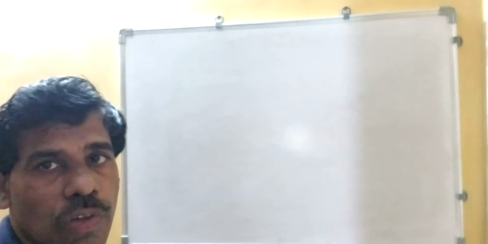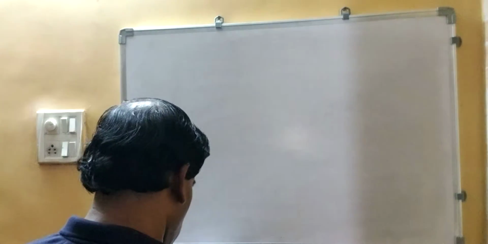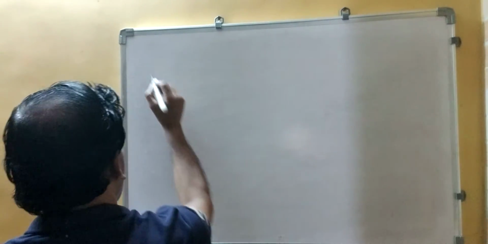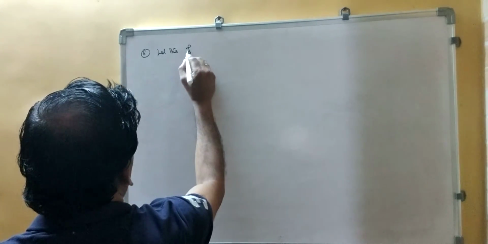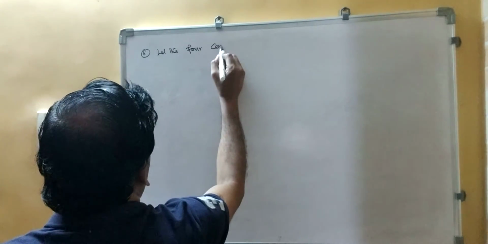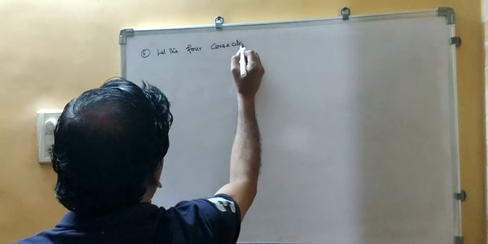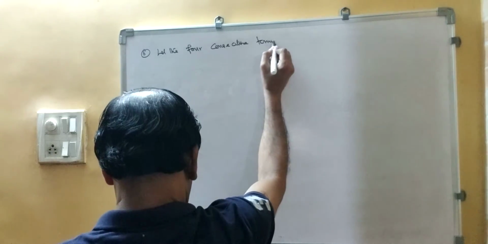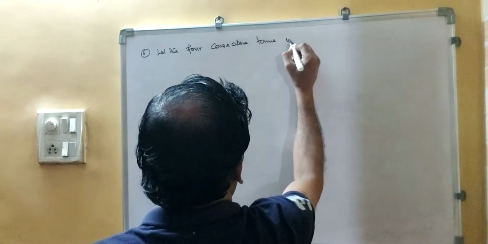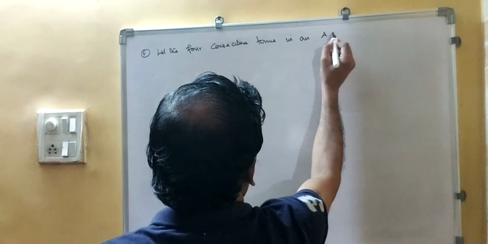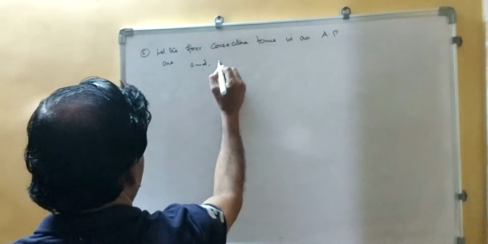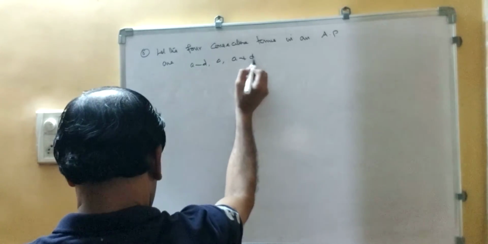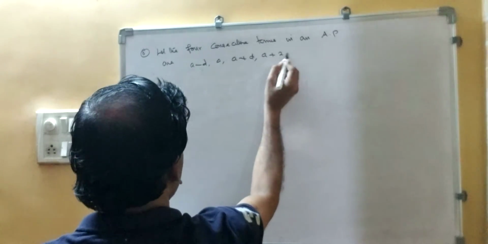See, earlier we have seen 3 consecutive numbers, now 4 consecutive numbers. So, directly we will do it. Let the 4 consecutive terms in an AP be A minus 3D, A minus D, A plus D, A plus 3D.